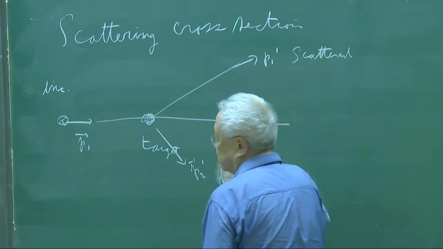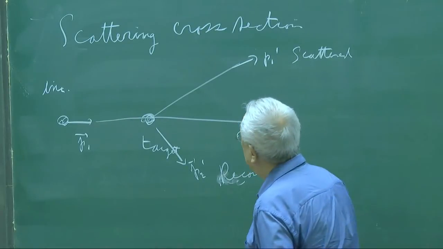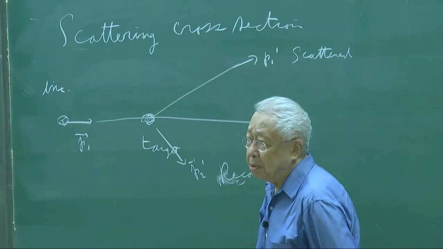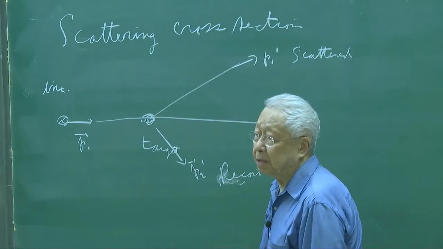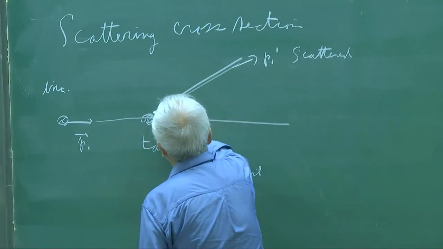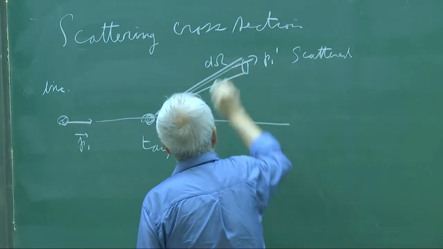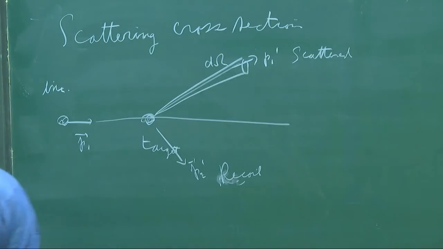Now, we want to measure this. So we put a detector here and catch this. Since P1 prime lies in the continuum, you have to define a little volume element in that space. So what you do is you consider all the momentum coming out in a solid angle, d omega. You put a detector and you count how many particles enter that solid angle.